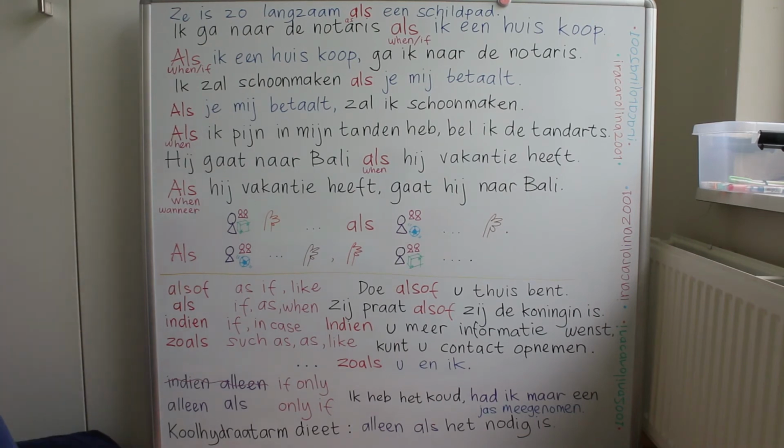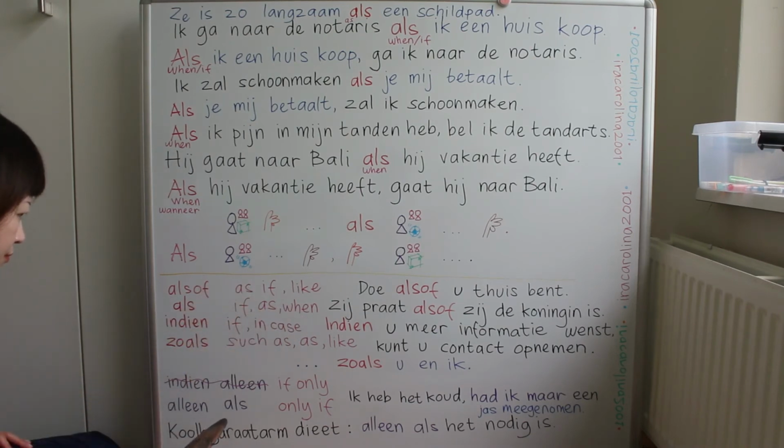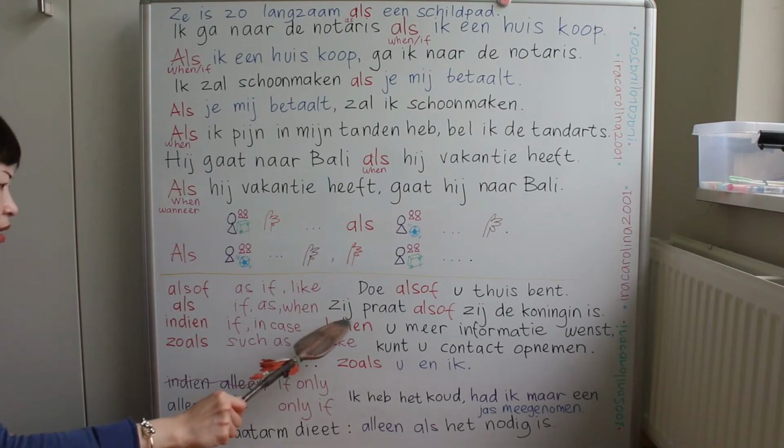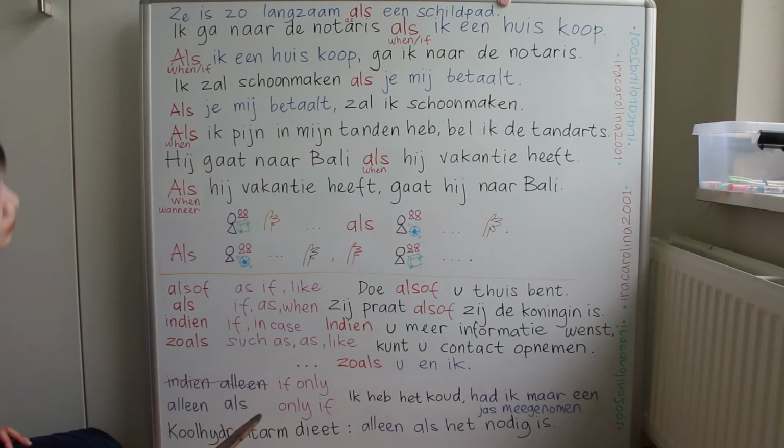And now we will learn about this already, but I will read it again. Als can be if, can be as, can be when. And here I put another sentence with alsof. I ask people how to say it, alsof or alsof, but I think it's alsof. I keep hearing alsof.